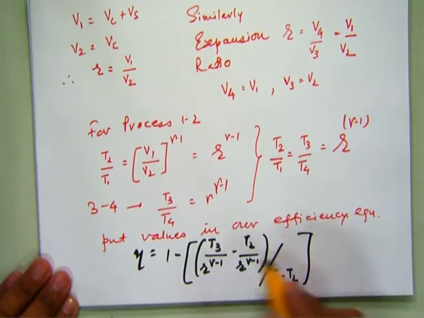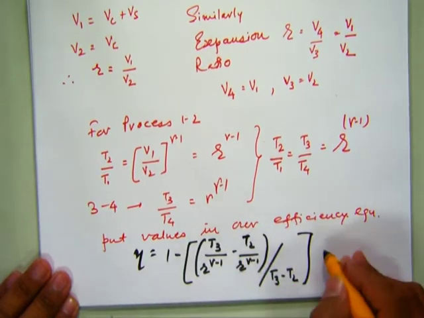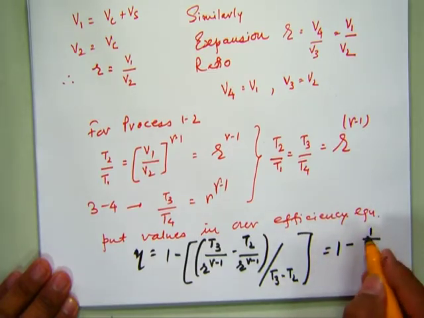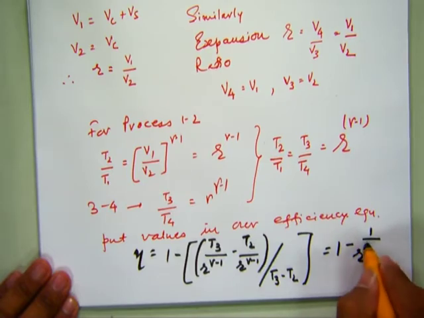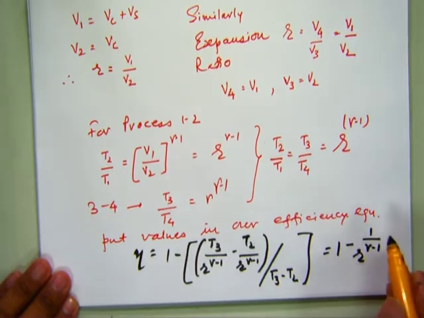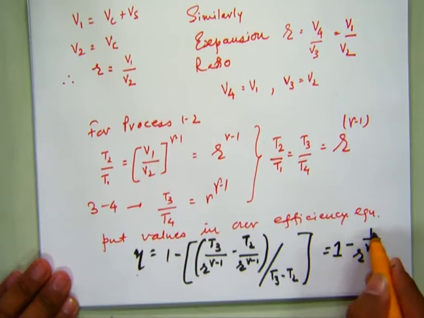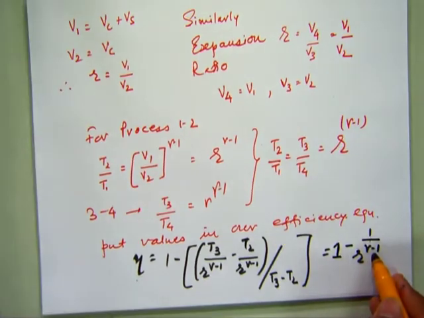If you simplify this, you will get efficiency eta is equal to 1 minus 1 upon R raised to gamma minus 1.